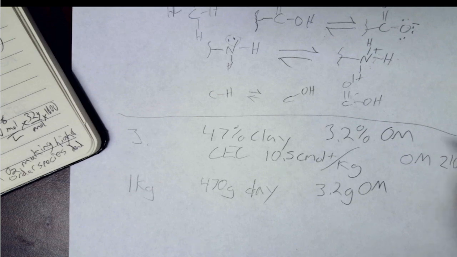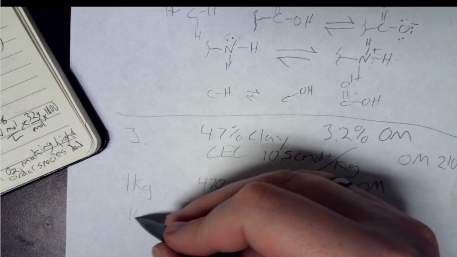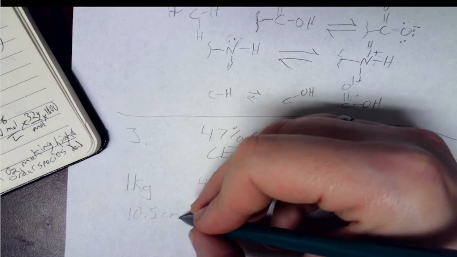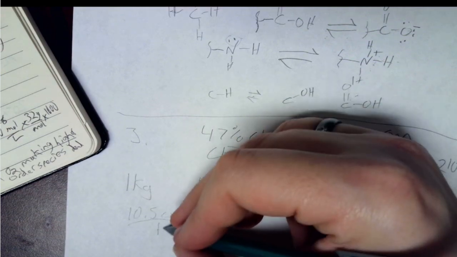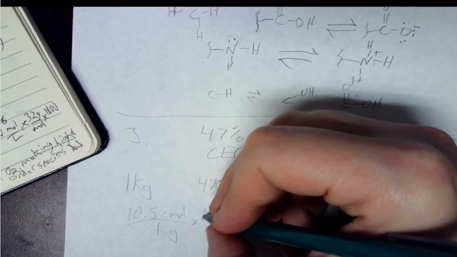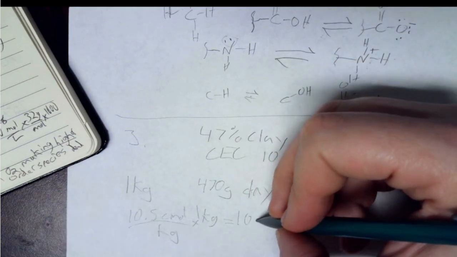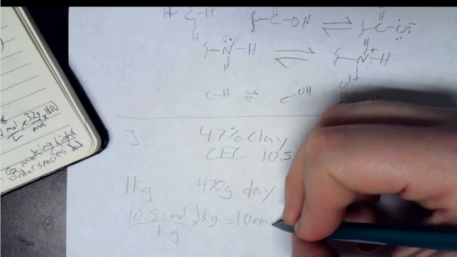So 1 kilogram times my 10.5 centimoles per kilogram is the overall capacity, in centimoles.